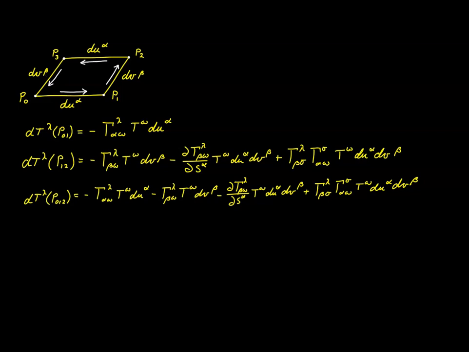So what we're saying is that we can find the change of the vector dt lambda from P0 to P3, then to P2, simply by taking this expression and replacing u with v, v with u, and swapping the values of alpha and beta.